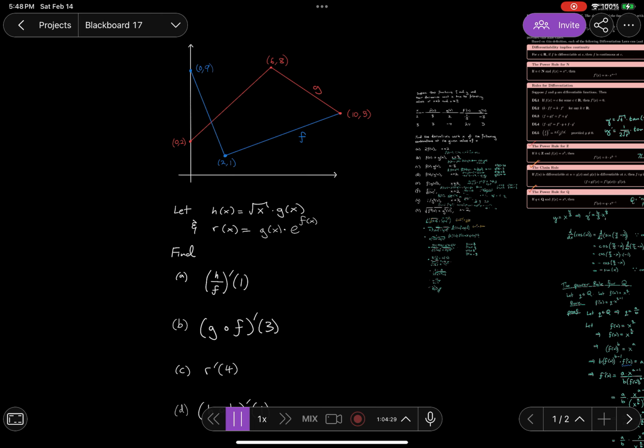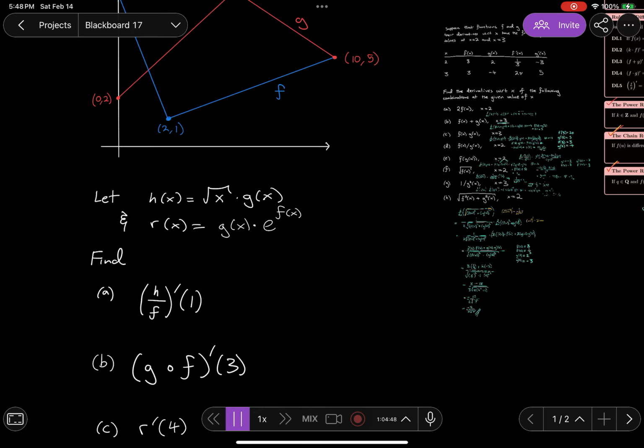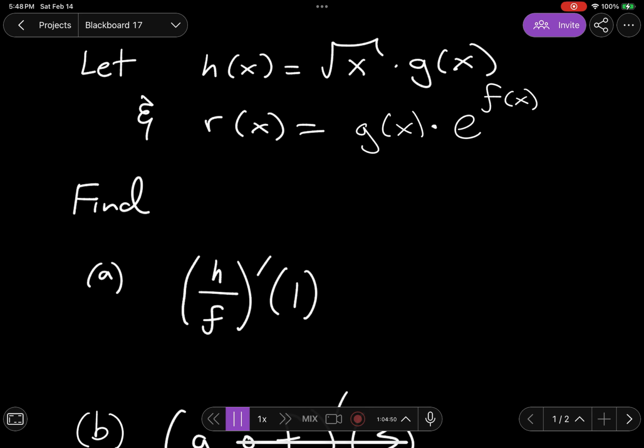And we also have these new functions, h of x and r of x here. And we need to take these 4 derivatives. Okay, 4 derivatives shouldn't be too bad. Let's find out. Here's how I'm going to attack this. We have the derivative of a quotient here.